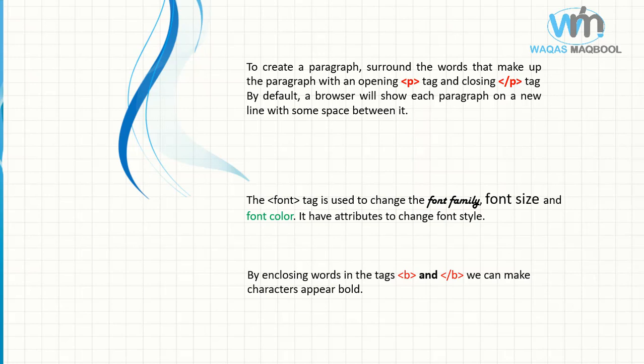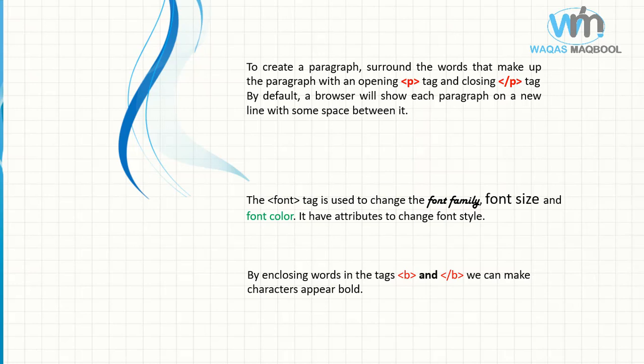The font tag is used to change the font family, font size, and the font color. It has attributes to change the font style. In this, the font tag is used to change the paragraph font family, font size, or font color. By enclosing the word in the B tag and its closing tag, we can make the characters appear bold.